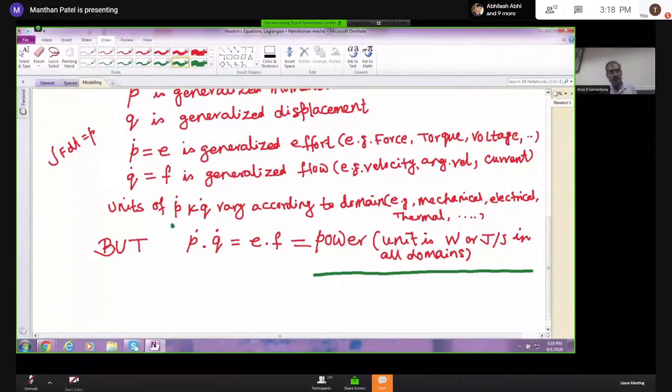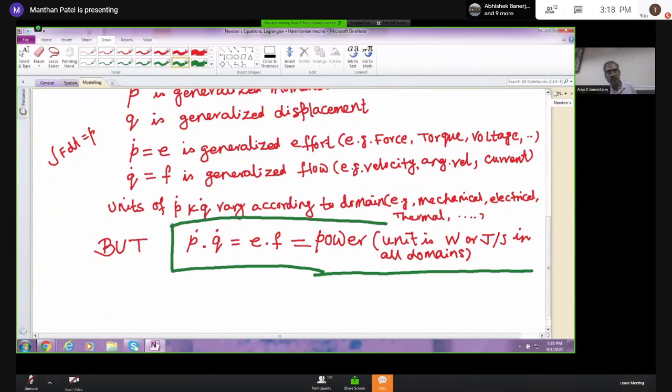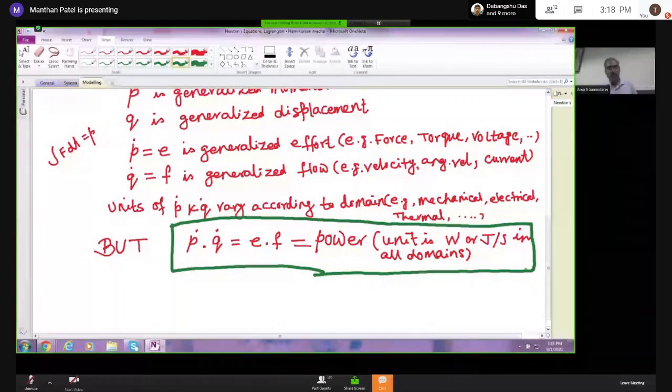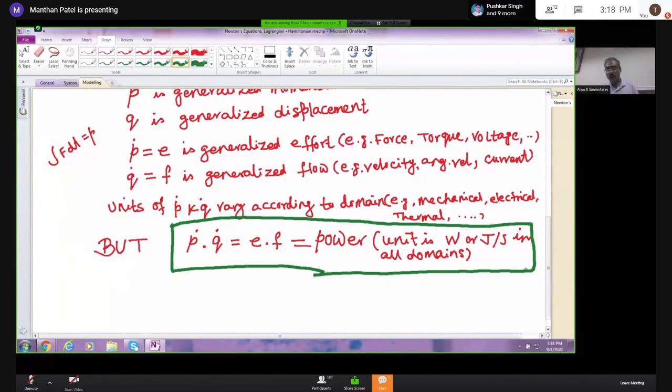It is not dependent on domain. Whereas individually, P, Q, P dot, Q dot may have different units and different connotations in different domains. P dot into Q dot, or effort dot product with flow, is power. Its unit is the same.